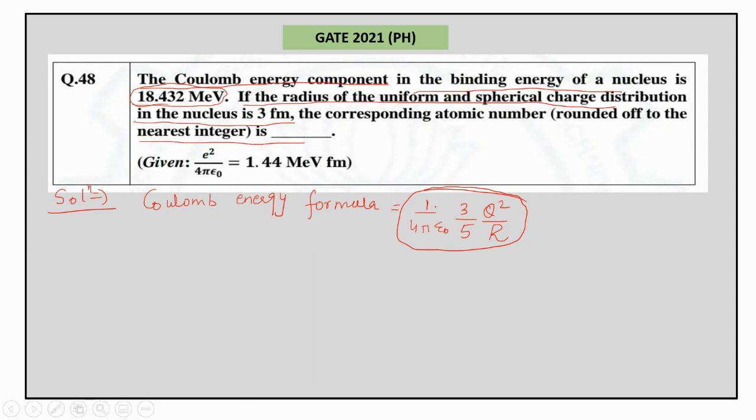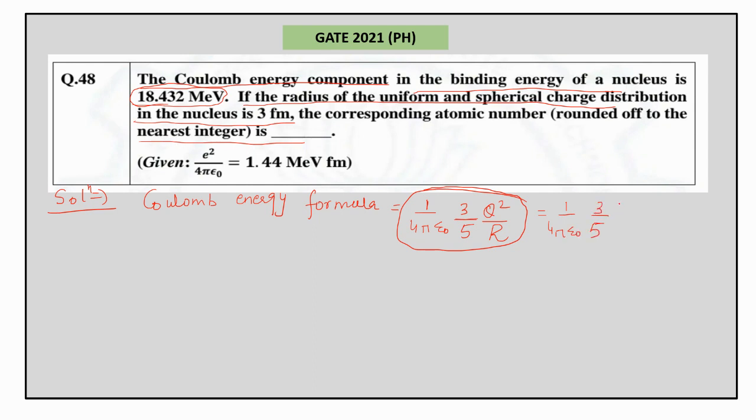When we have a charged sphere, we know the potential, we know the electric field, then we find out the energy of the nuclei, something like in electromagnetism. So this is the derivation, and the formula that we get in the end is 1 upon 4 pi epsilon naught, 3 by 5, q square by r.